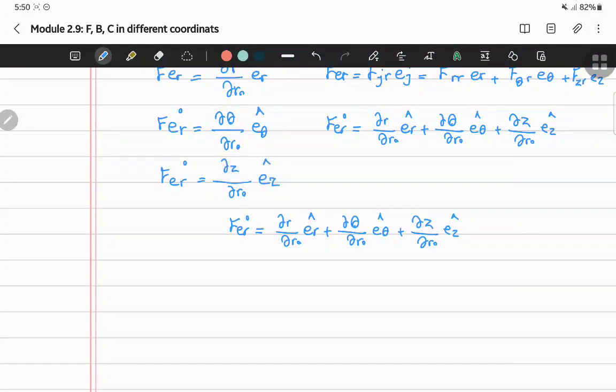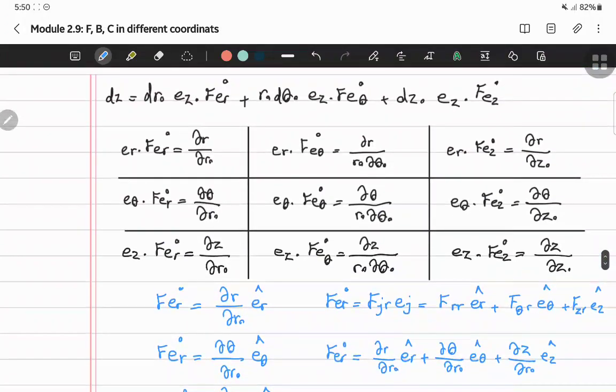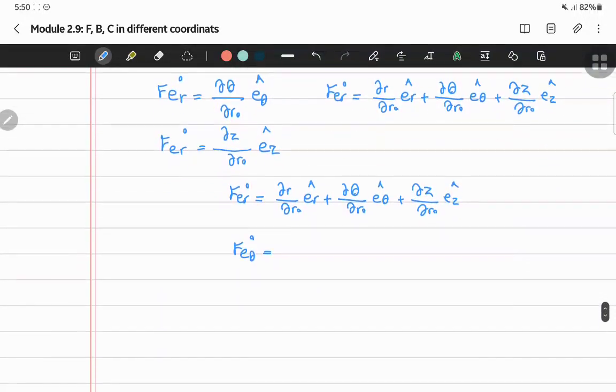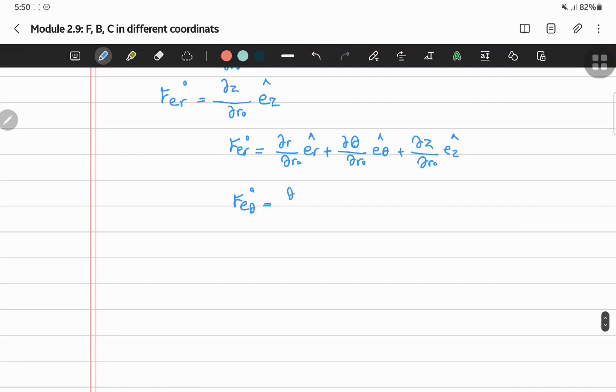All right, so I can write the rest in here. F e_theta0 is equal to the sum of these. So it becomes the partial derivative of r with respect to theta0, e_r.